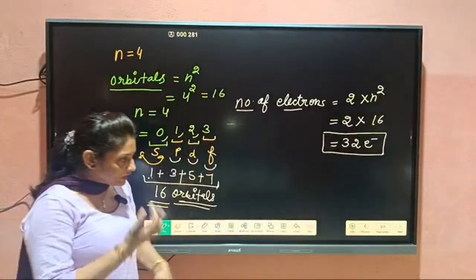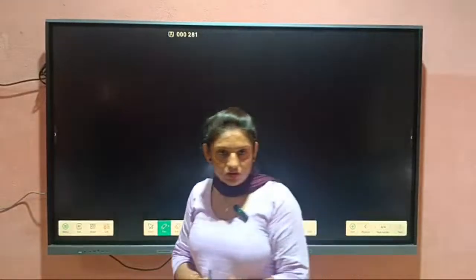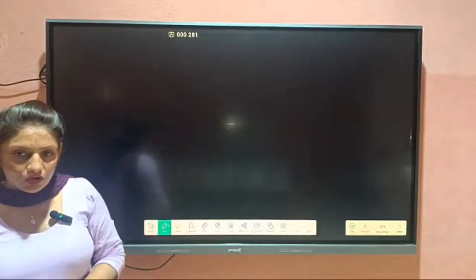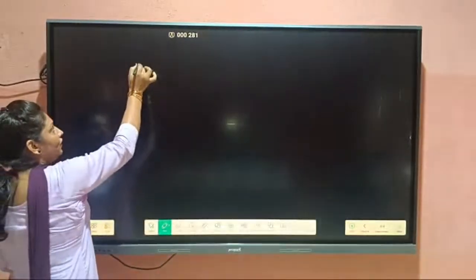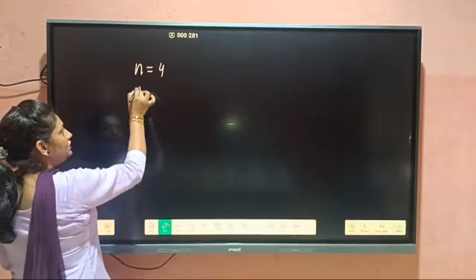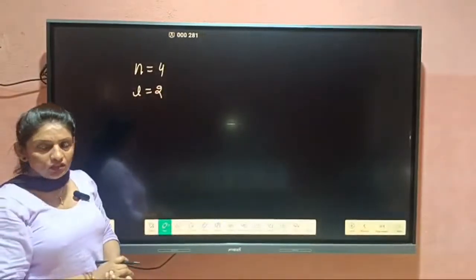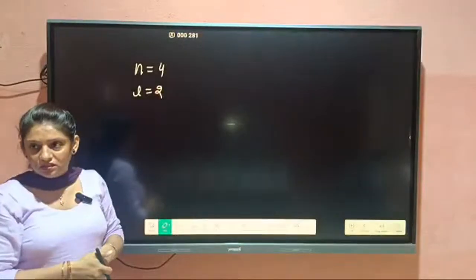Yes. Students, if we know the value of n and l, we can also tell about the orbital, the subshell of that electron. For example, if the value of n is given as 4 and the value of l is given as 2, which orbital is it?